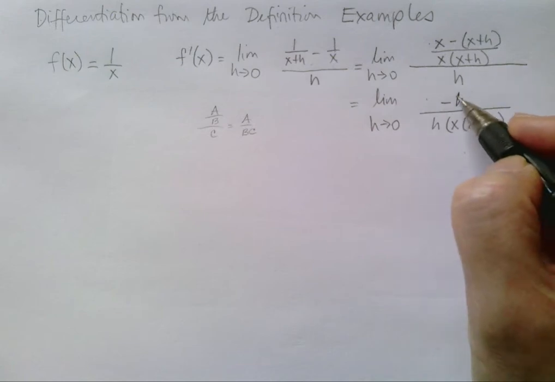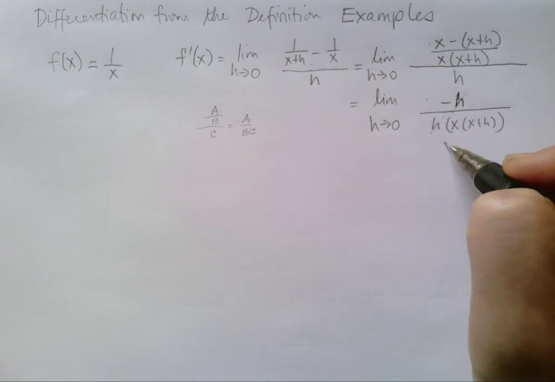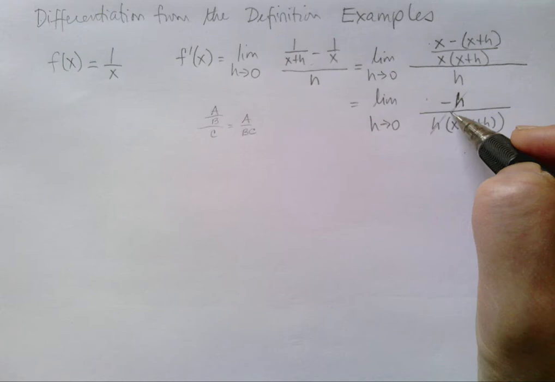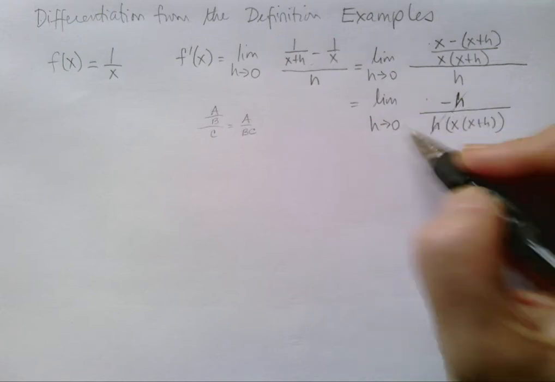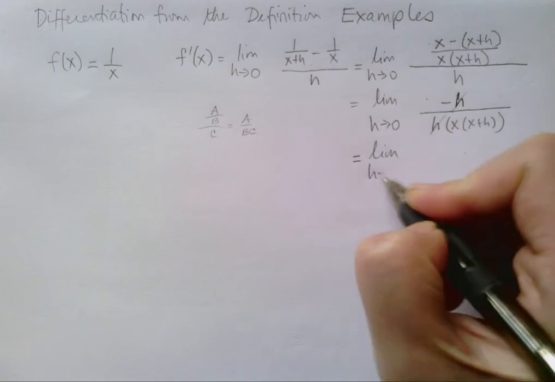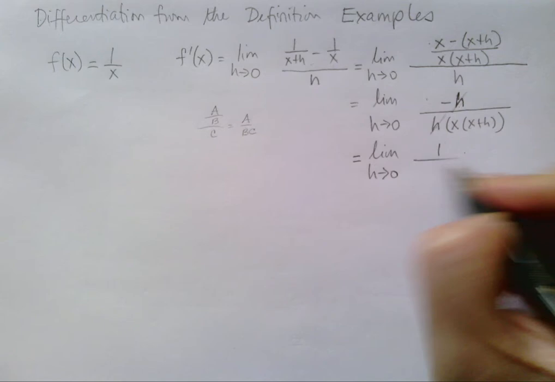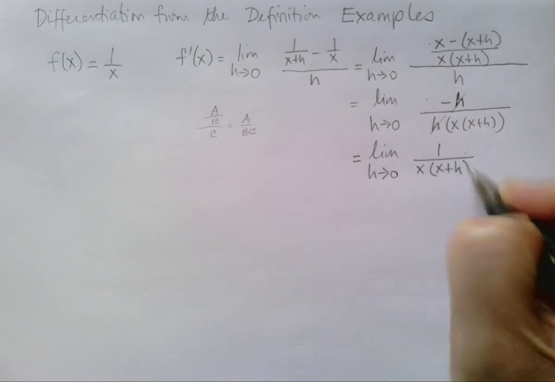And now, at this point, we can cross out the h's. They cancel each other out because h is not equal to 0. And that's the beauty of the limit. So finally we have the limit as h goes to 0 of negative 1 over x times (x plus h).